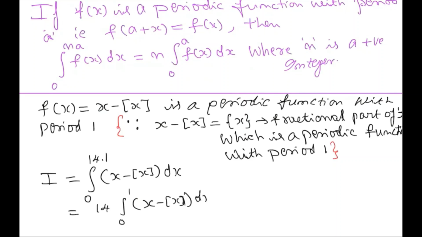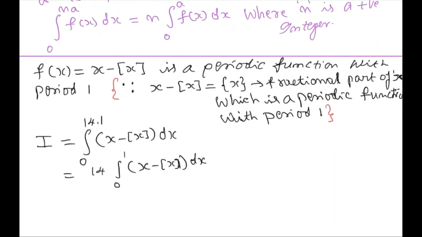Between 0 and 1, the bracket x will be 0 whenever x lies between 0 and 1, 0 less than or equal to x less than 1.